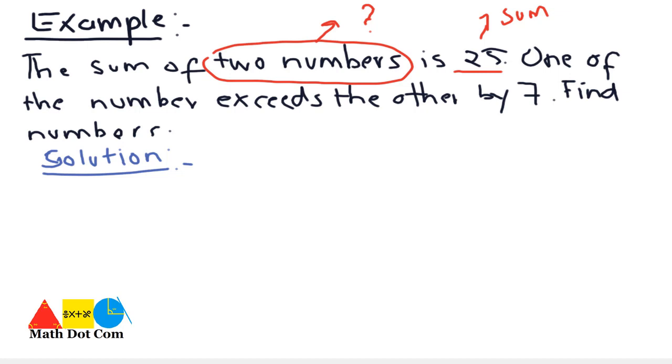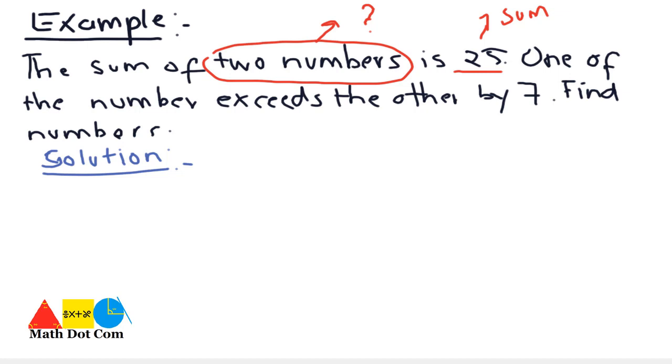One of the numbers exceeds the other by 7. Now it has given just the quantity of how much one number is more or less than the other. Okay, so we will write what is given. As we don't have any numbers, we will suppose here and give variables to the two numbers.